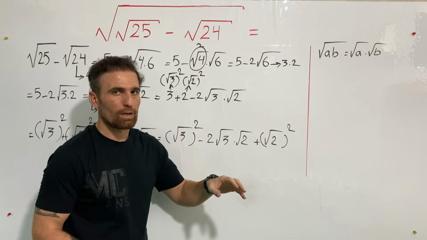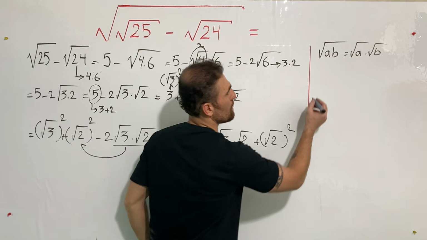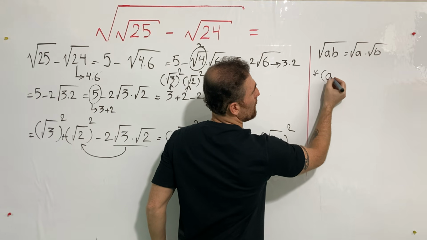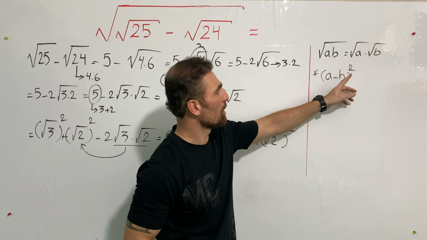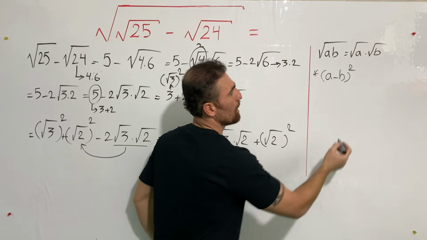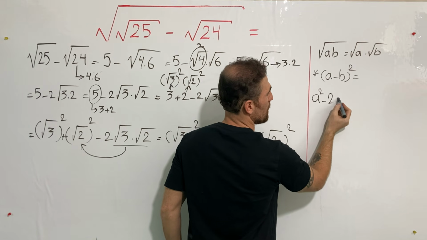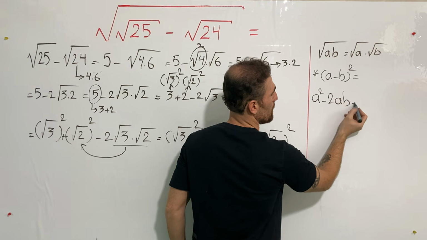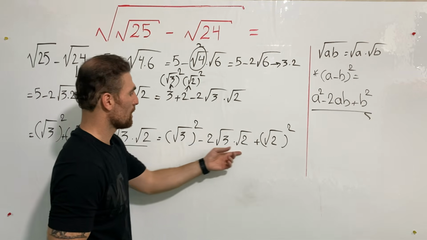Okay, now I'm going to write an algebraic identity that says a minus b squared, the square of the difference of two terms, is going to be first term squared minus twice the product of the first term and second term plus second term squared. Right, exactly like this.